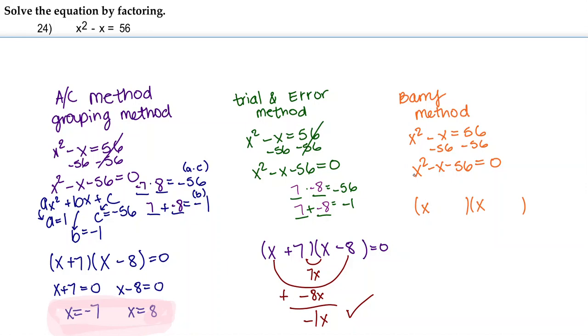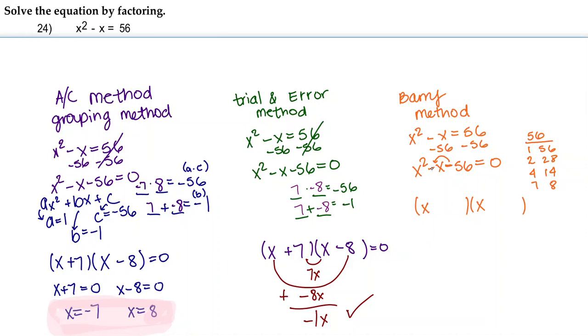So now we're going to write the factors of 56. Not negative 56, just 56. Now, because here we have a negative, we're going to look for factors that have a difference of 1. So the coefficient here is just 1, which is what we're looking for.